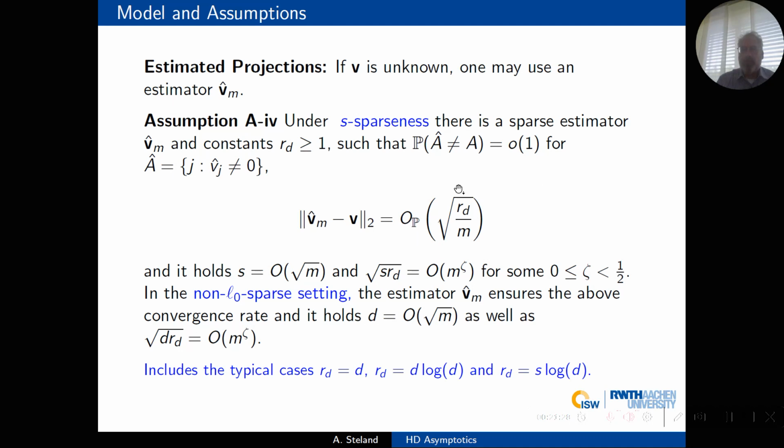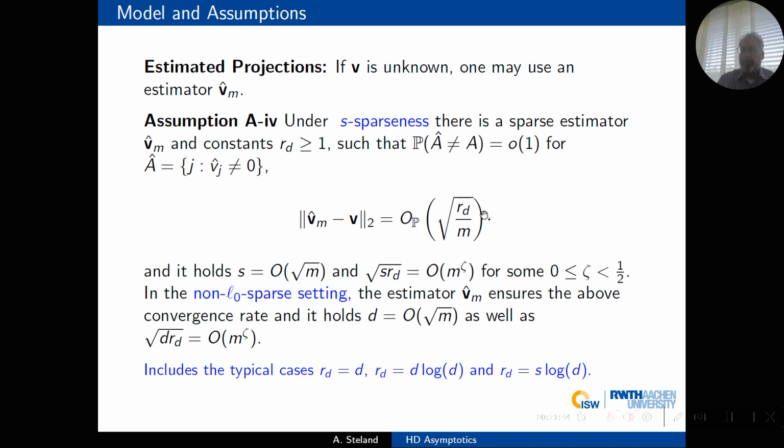And we assume that we have a convergence rate of our estimator V_m hat. And it is assumed that the convergence rate is of the order square root of R_d over M.